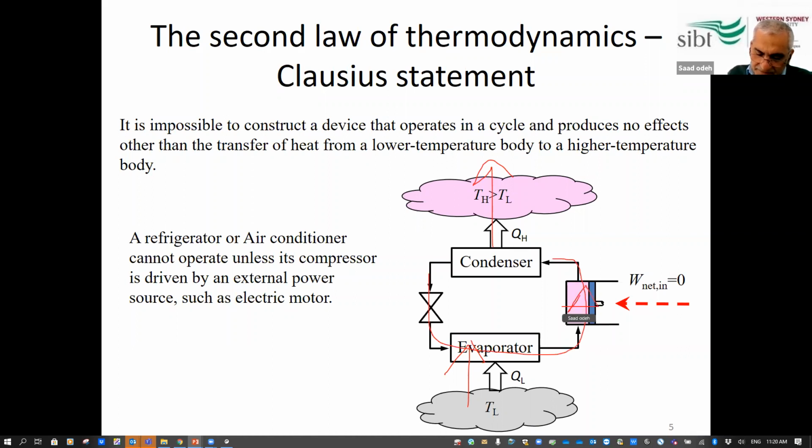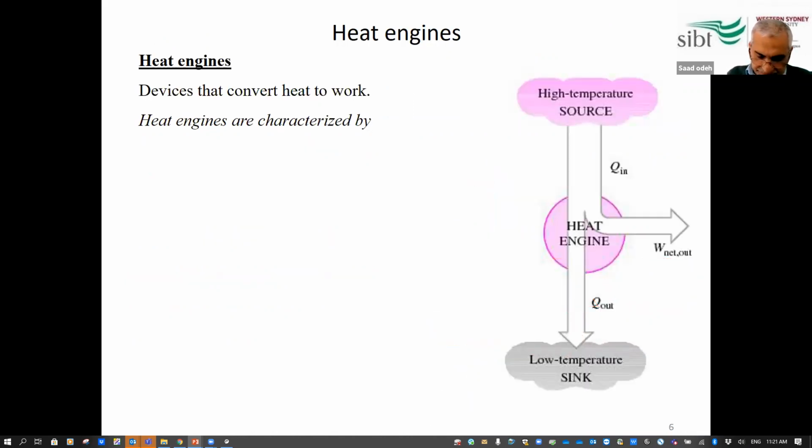This fluid moves in the system by using external work, which is the compressor. The compressor requires electric power, so the electric power represents the input energy or input work to the system. Okay.